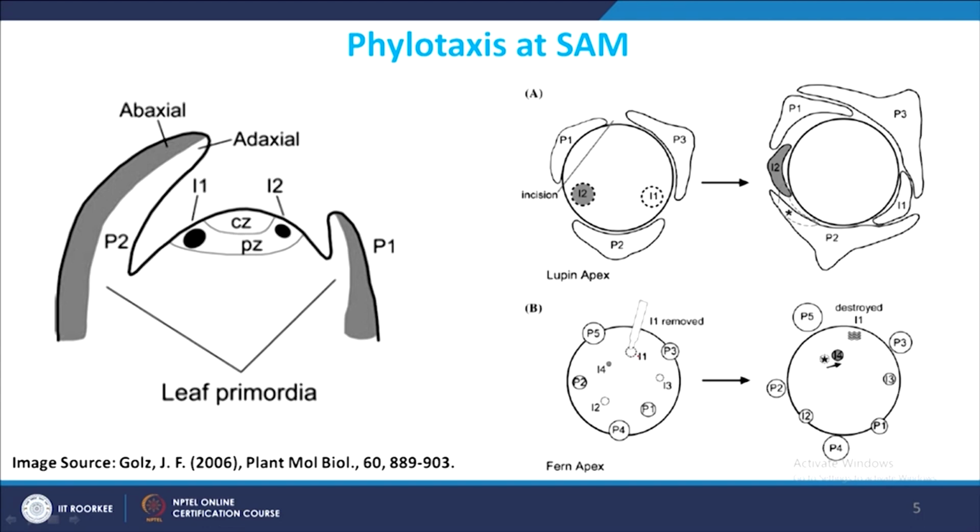Similarly, if you remove or somehow kill one of the primordia, there is a migration or a change in the position of the other primordia. So, this tells us that some kind of communication between the meristem and the primordia is going on, and this is absolutely important for positioning primordia in the growing meristem.